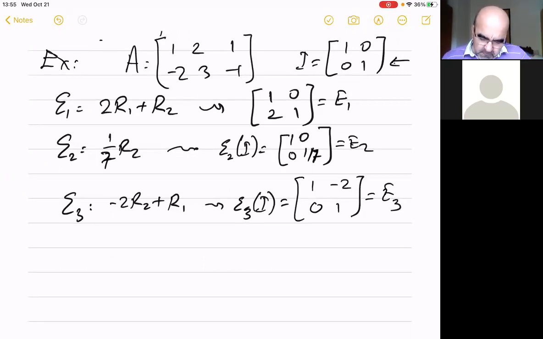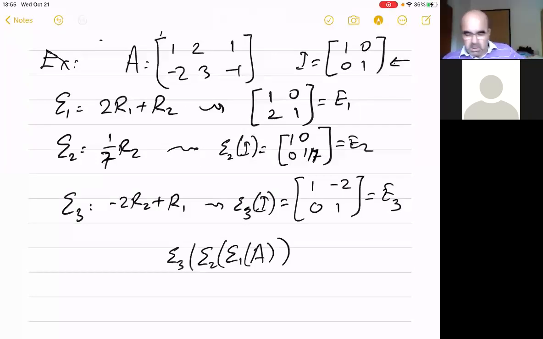So we had this matrix A, we applied epsilon 1, and then epsilon 2, and then epsilon 3, right? At the end, we got this matrix.